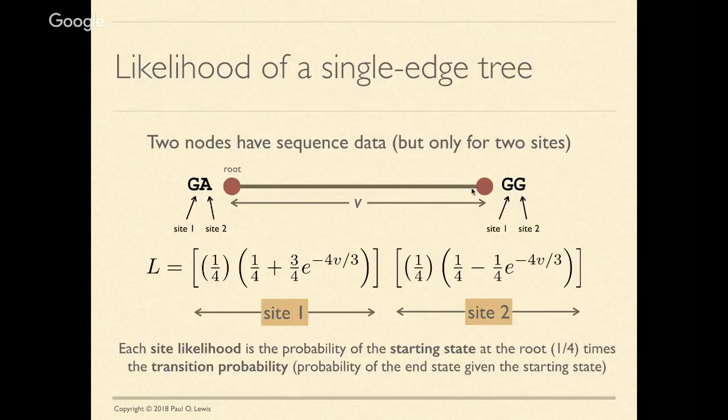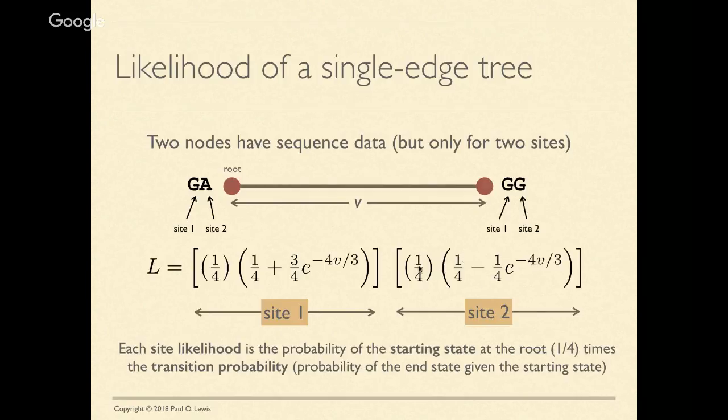So we've had no change in this particular site across the tree, and this is the conditional probability that's associated with no change across the branch. This type of conditional probability is known as a transition probability, and for the case of no difference across the edge equals 1/4 plus 3/4 e to the minus 4v over 3. We will see shortly where this formula comes from.